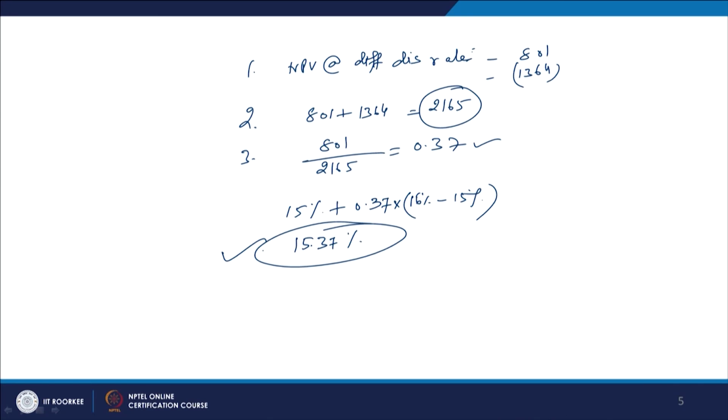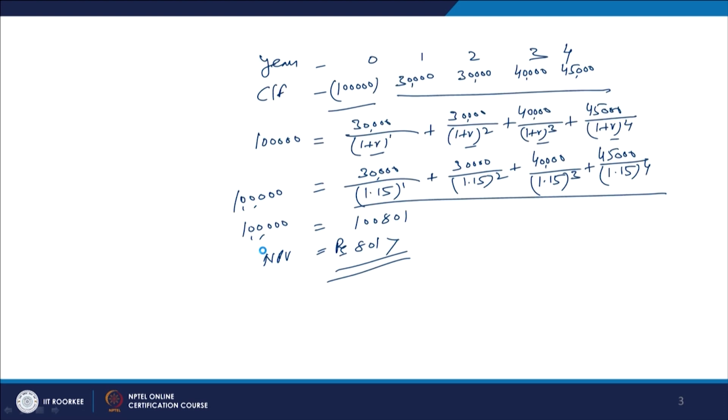Now, for example, in this case if you discount all these cash flows at the rate of 15.37%, certainly the NPV of the 100,000 cash outflow will be equal to the sum total of all the inflows. If discounted at 15.37%, the sum total of all the 4 cash inflows will be equal to the present value of the 100,000.